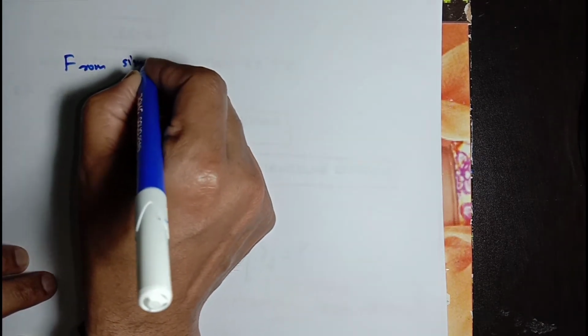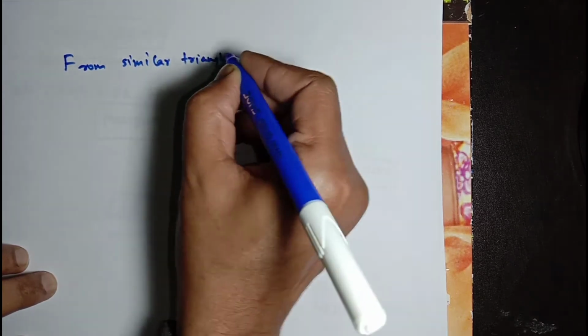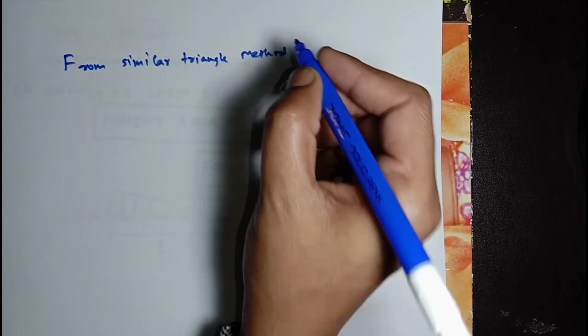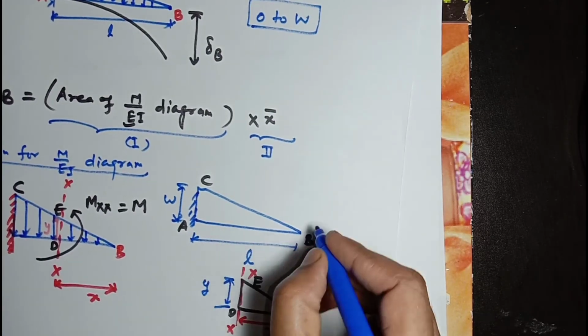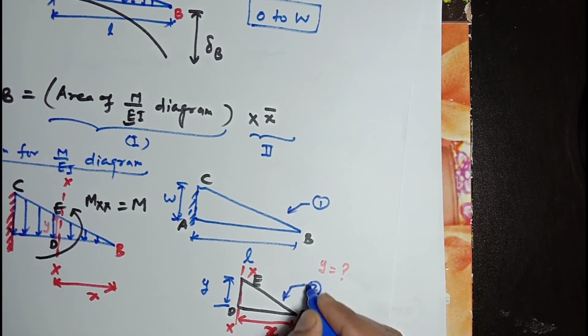method, this is triangle 1, this is triangle 2.